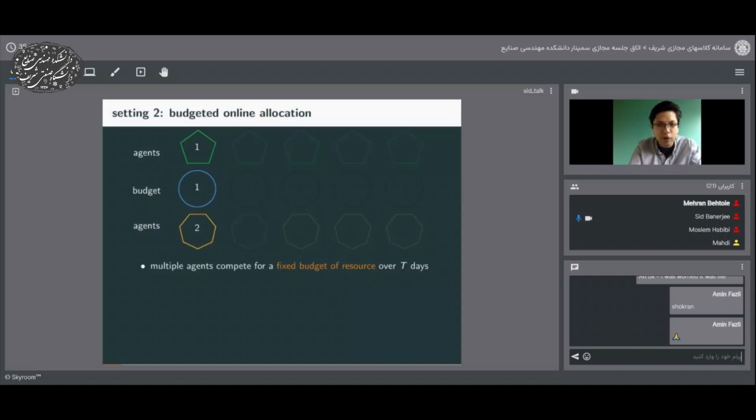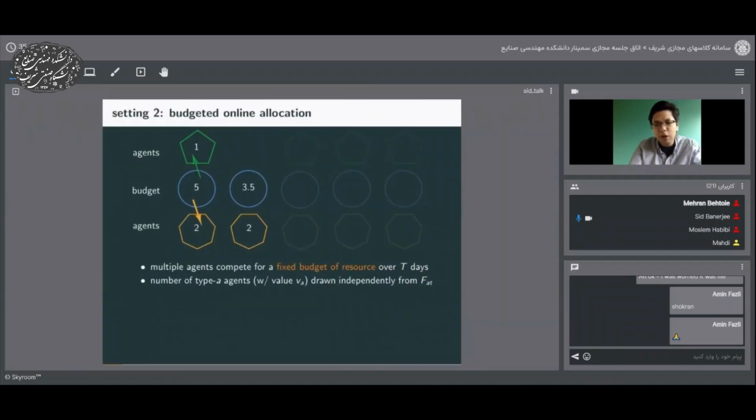Maybe think of this as 100 seats, and then each day some agents show up and say how much utility they have for this resource. Again, you need to divide, but now the resource gets depleted as you decide how much to give to each person on each day.